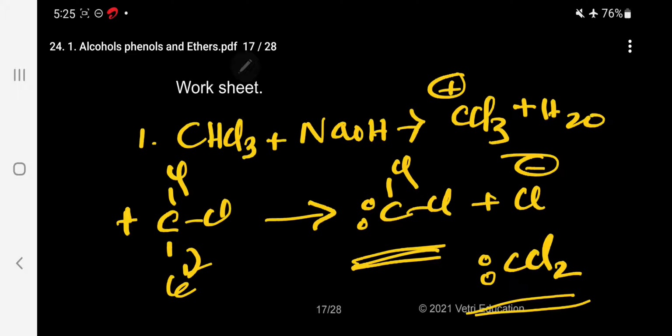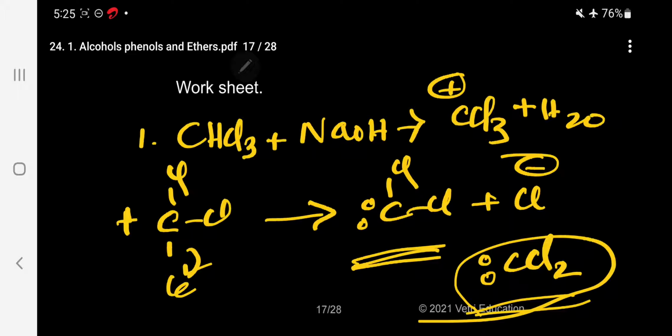Dichloromethane is actually unstable, so kindly follow this step. From chloroform, H plus goes out, producing CCl3 minus.